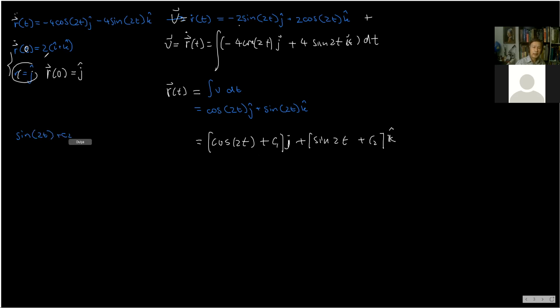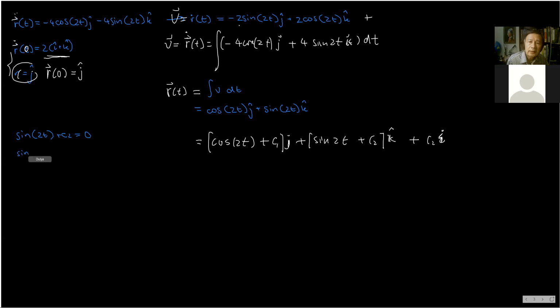Do you mean this is i and k? Are you sure it's i and k? Yeah, that's what it says in the question, at t equal to 0. Oh, so probably we have put another constant, c2 i, right? There's no guarantee. But how come, let's double check.